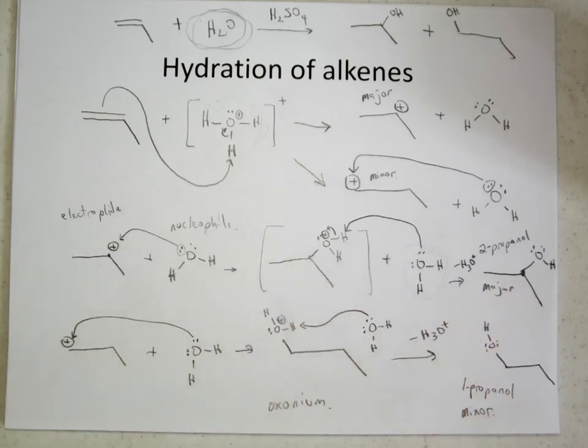So 3 steps for the hydration of alkenes, and it's a little more complicated than the hydrohalogenation because we didn't generate the product after the nucleophile attacks. We had to do a subsequent deprotonation.